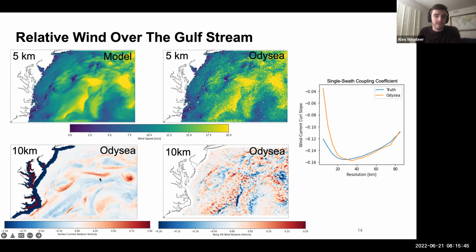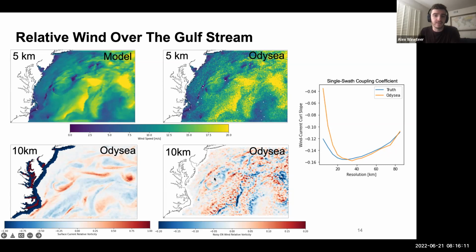On the lower left is surface current relative vorticity at 10 kilometers for Odysea. And then on the right is wind relative vorticity, again, measured from Odysea. And you can see a lot of really interesting stuff here, especially in terms of the coupling that we'd expect between the surface current vorticity on the left and the wind relative vorticity on the right.